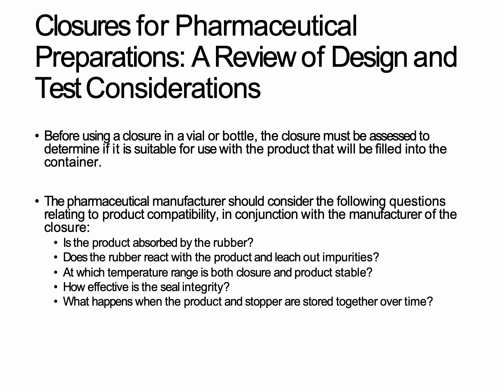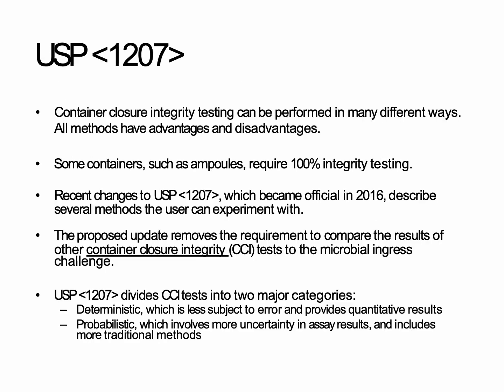Is the product absorbed by the rubber? Does the rubber react with the product and leach out impurities? At which temperature range are both closure and product stable? How effective is the seal integrity? What happens when the product and stopper are stored together over time?